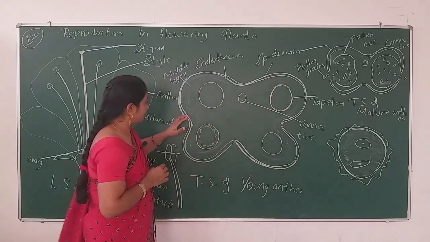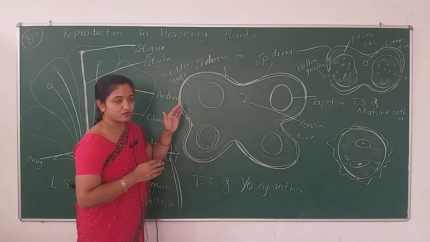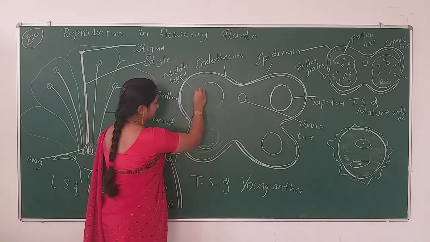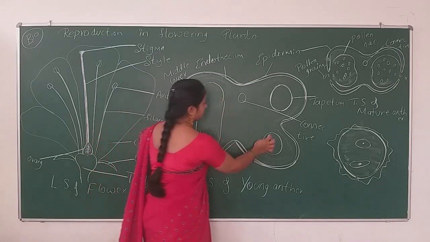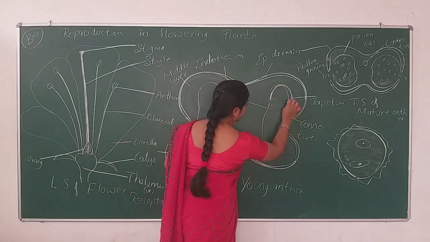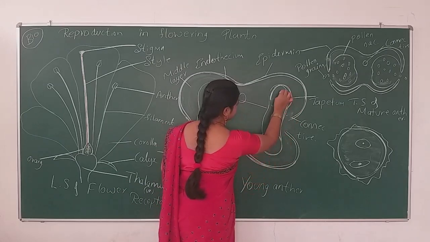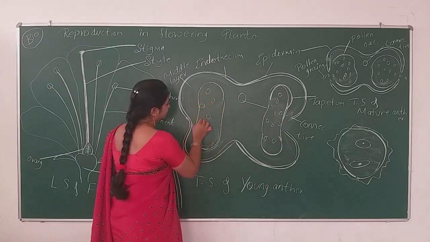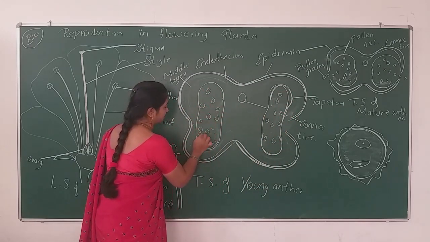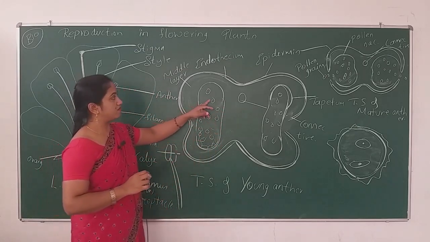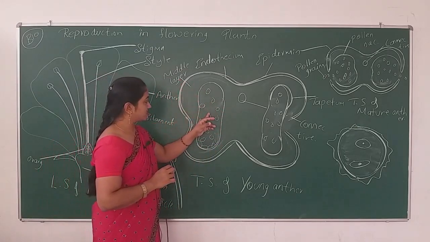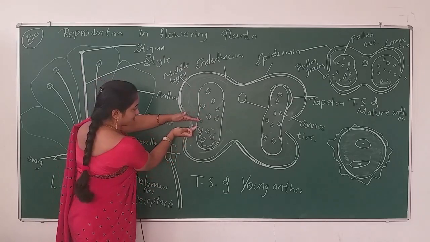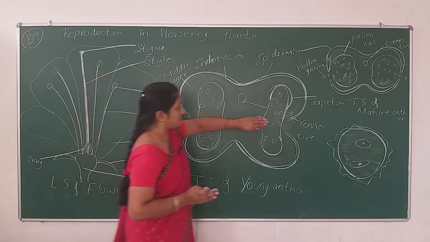When they mature, the microsporangia become like this, and the cells present inside the microsporangium mature and become pollen grains. When those pollen grains mature, this is the line of dehiscence, the point of dehiscence, this region.